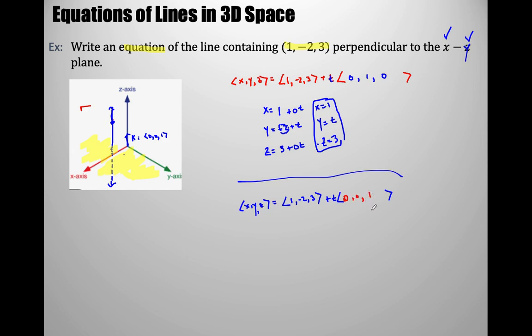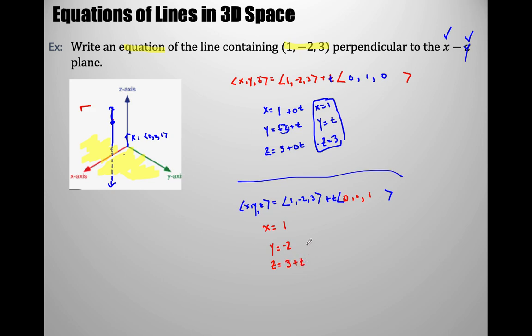So I put 0, 0, 1 in there. If I wanted to write this in parametric form, X is constantly 1, Y is constantly negative 2, and Z is equal to 3 plus T.